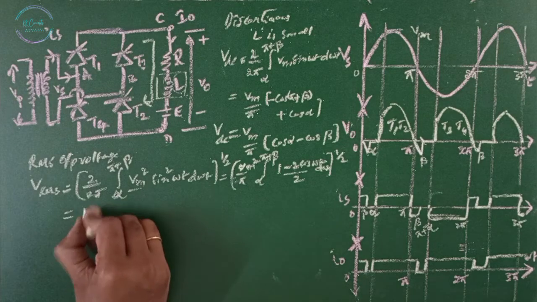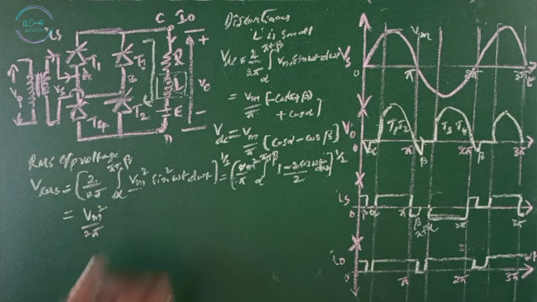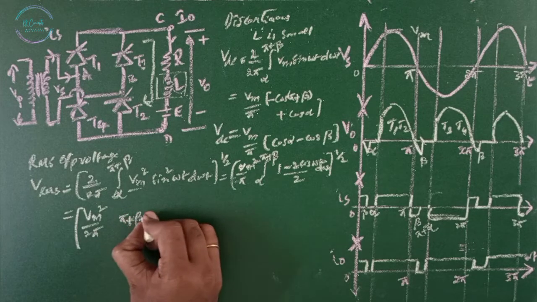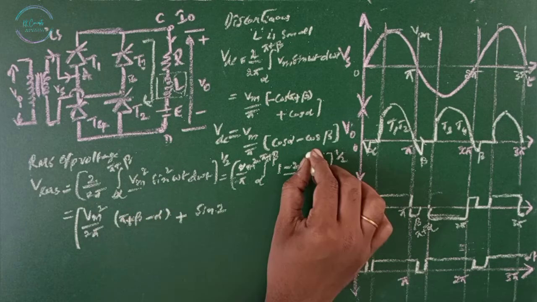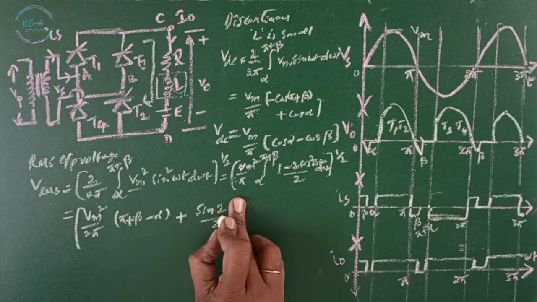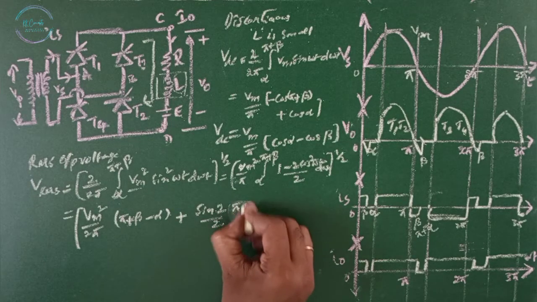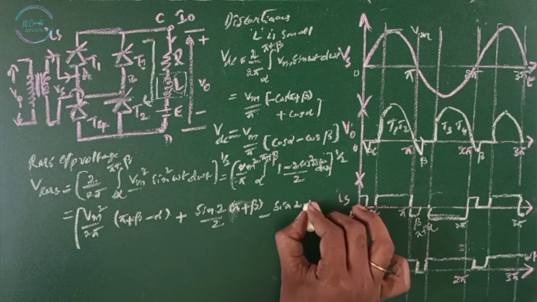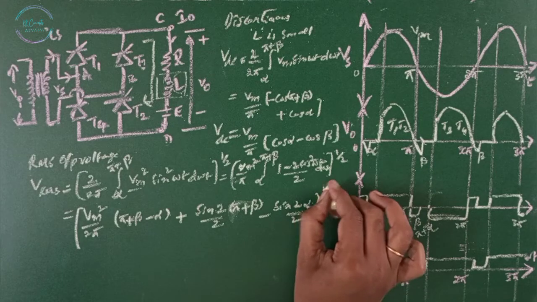Now Vm square by 2 pi, if you integrate, you are going to get pi plus beta minus alpha, minus sine 2 omega t divided by 2, where omega t I need to substitute, that is pi plus beta, minus sine 2 alpha by 2, whole to the power of 1 by 2.